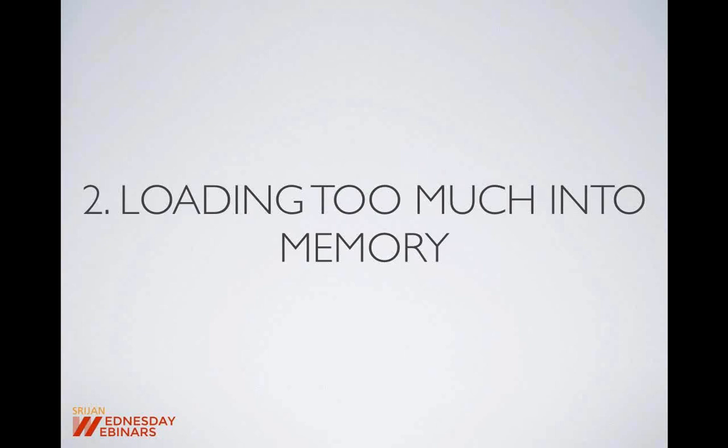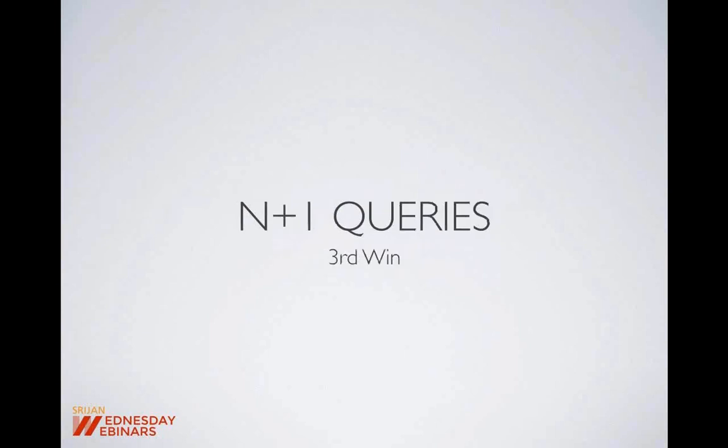Ruby enumerable and the array class have some really neat things in them, but you can do so many of those things just in your database, and then you return 10 things instead of 10,000 things, and it's amazing how much memory you save. It's good stuff. So we will move on to win number 3, which is fixing n+1 queries.